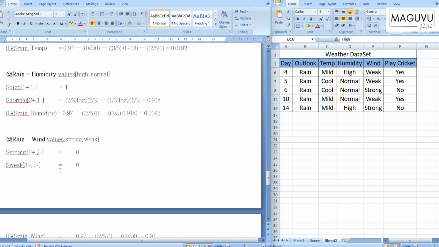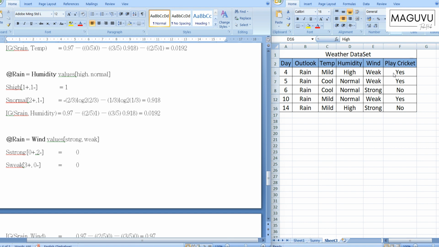When we were calculating the entropy of both strong and weak, because those are the values of wind, which become the two branches from wind, we see that the outcome was an entropy of 0 and 0. So whenever we are at strong, we cannot further split, and whenever we are at weak, we cannot further split. So we then want to go to our data set and see what happens.